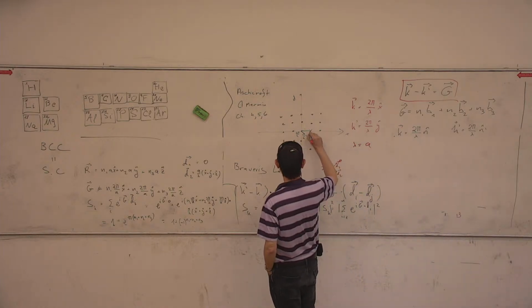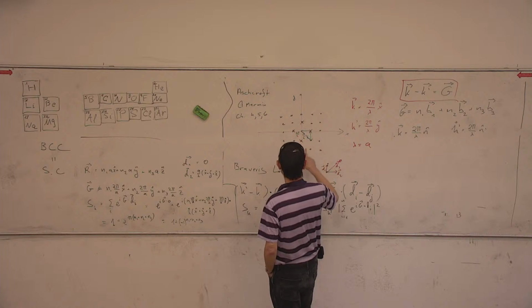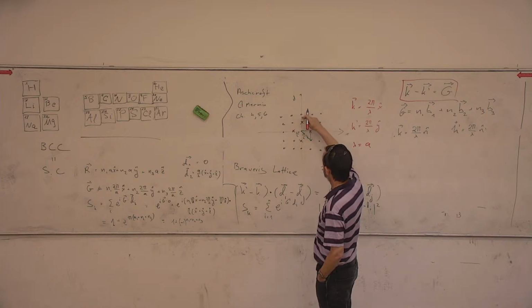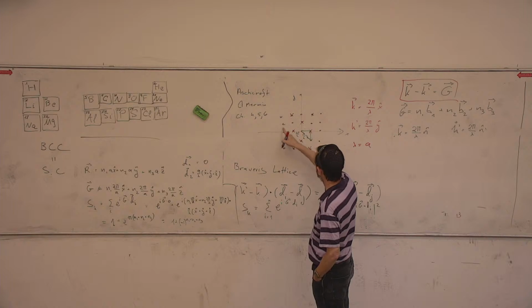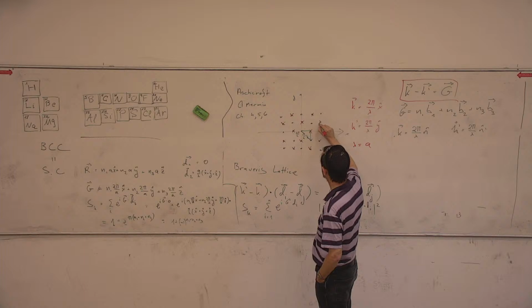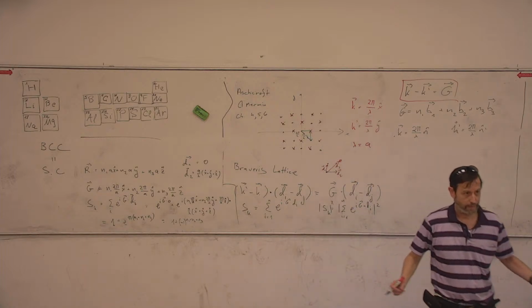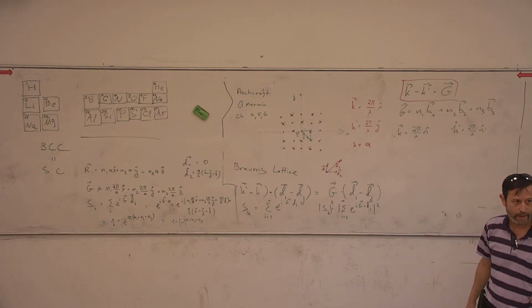So this is odd, this is odd, this is odd, this is odd, these are even, this is even, odd, odd, odd, odd. And it would have been 3D, so continue it into the third. A 3D checkerboard.